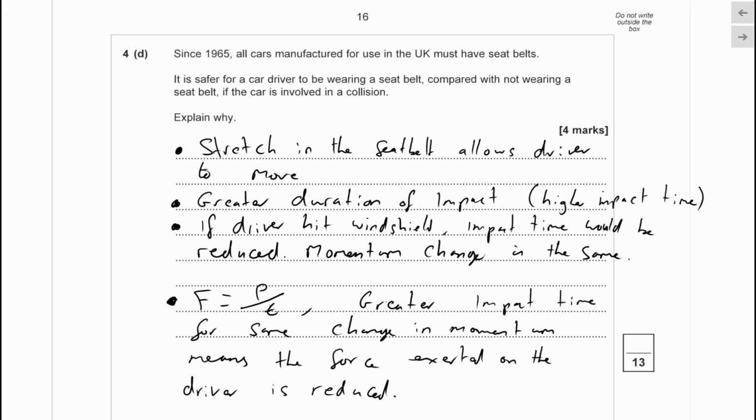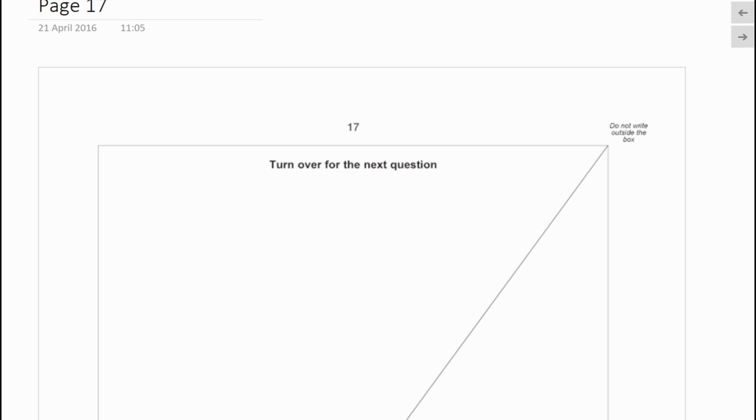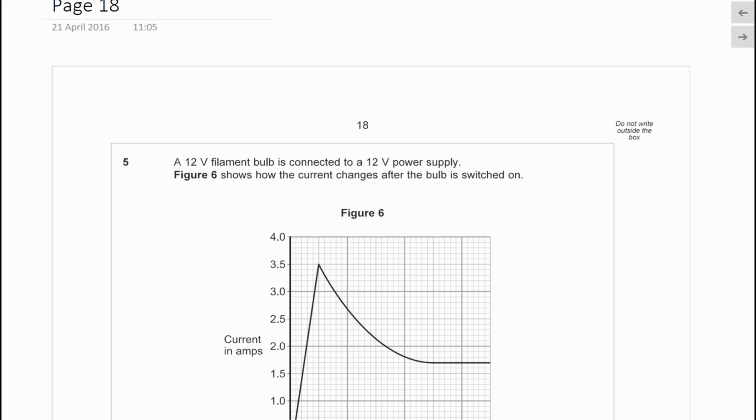Okay, and that's more than enough to get the 4 marks. So you need to say the fact that the seatbelt will stretch increases the impact time for the same change in momentum as the driver hitting the windshield or flying through the windshield, and the impact force, therefore, felt by the driver is reduced because of the equation force is equal to change in momentum over impact time. All right, let's move on.